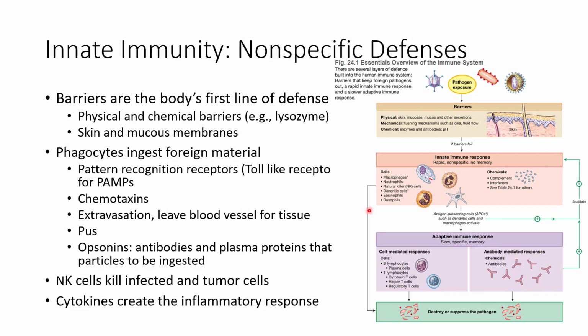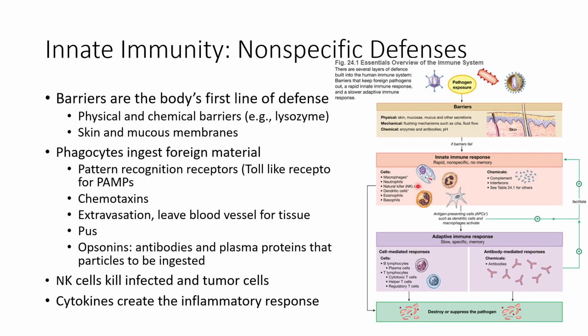Let's talk about our innate immune response. That innate response is the first line of defense after we've passed over these physical and chemical barriers. We've gotten past the skin and the mucous membranes. So in this response, we're going to have our phagocytes ingesting foreign material.